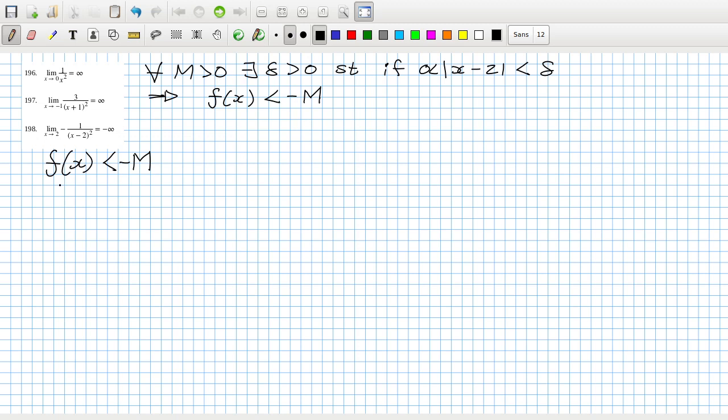Okay, let's see if we can get that. Minus 1 over x minus 2 squared less than minus m. So that's 1 more than m times x minus 2 squared.